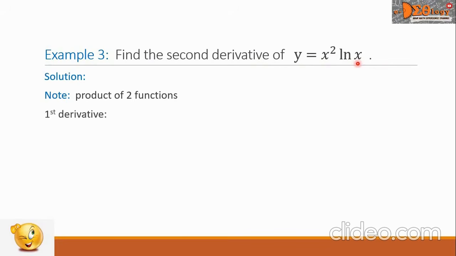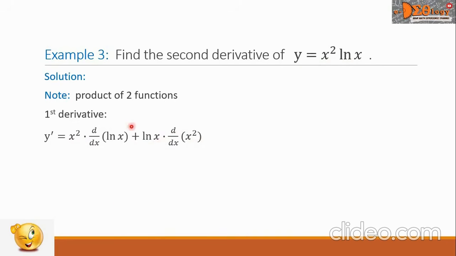So let us take now the first derivative. We have y prime equals x squared, that is the first function, and then multiplied by the derivative of the second function. Plus, we copy here the second function times the derivative of the first function.